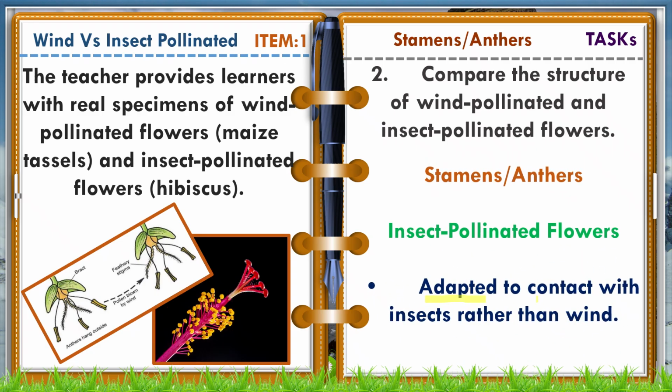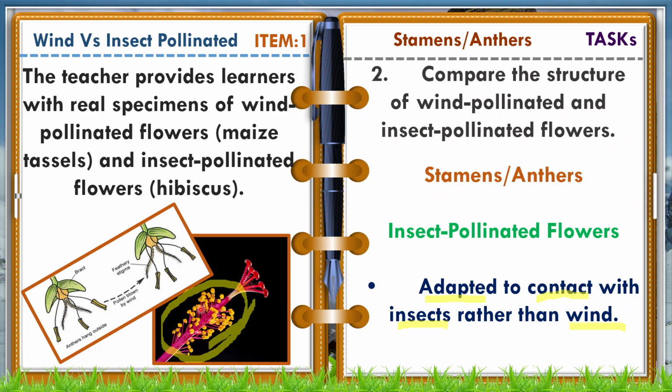Adapted to contact with insects rather than wind. When you look at this anther, they produce pollen, and that pollen is sticky and spiky.